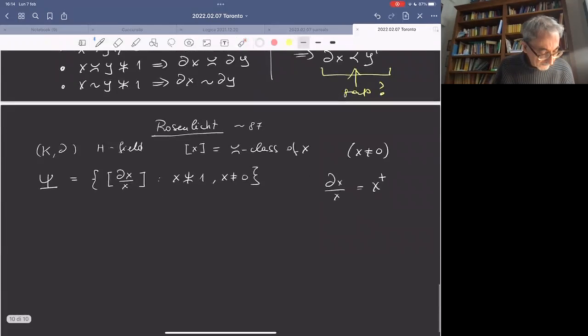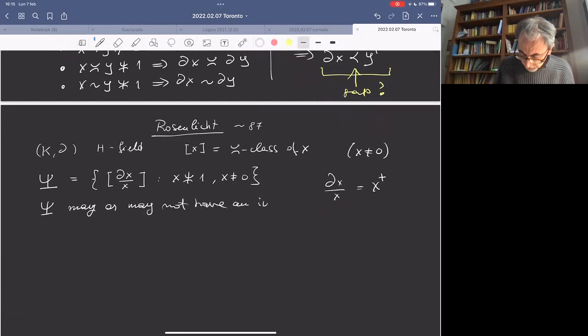Let's see what happens in both cases. So psi may or may not have an infimum, in the sense of the infimum of the Archimedean classes.